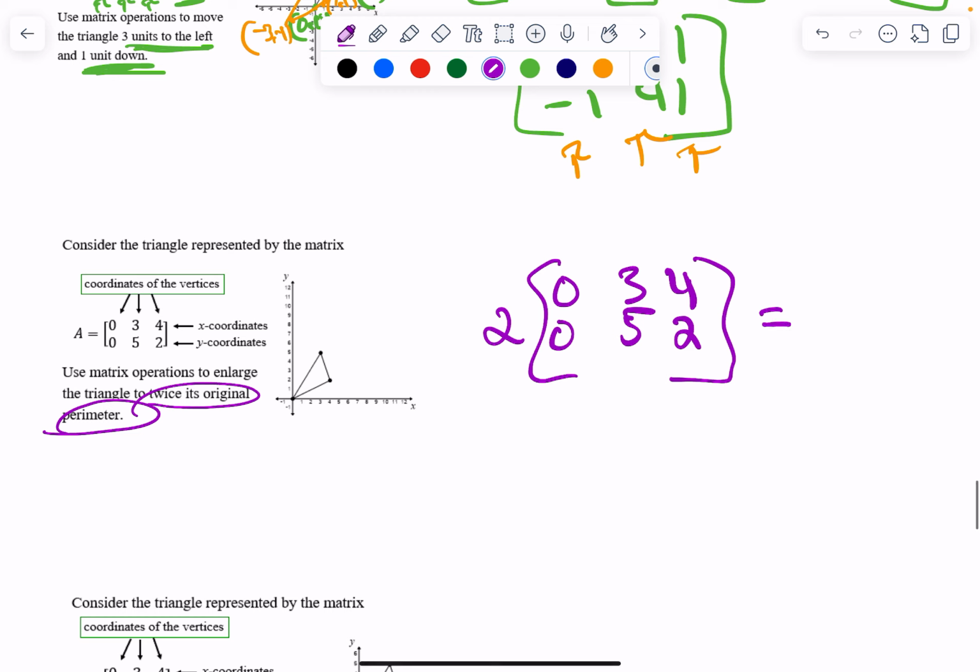So we get 0, 0, 6, 10, 8, 4. So our points are 0, 0, 6, 10 is over here, and 8, 4 is going to be here. So when we do it, we can see that it becomes double its size.